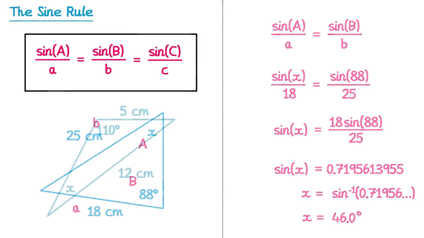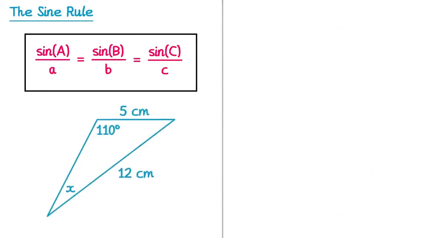Let's try one more of these. So once again, we're finding an angle, so we're going to use the angle version of the sine rule formula. We're going to label the angle we're trying to find capital A, the side opposite this lowercase a, the other angle in the question capital B, and the side opposite this lowercase b.